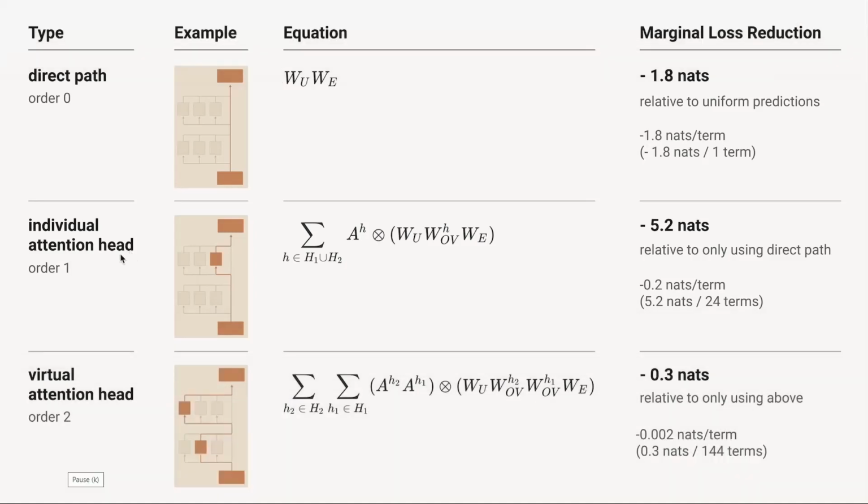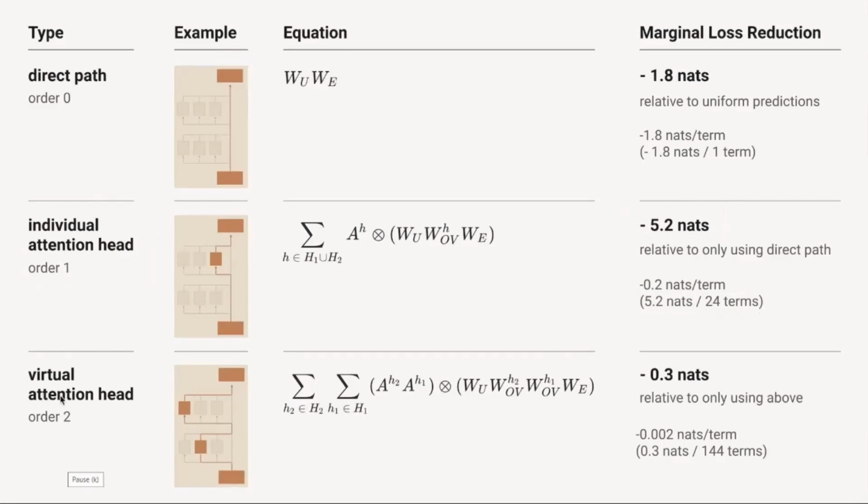Attention heads, if we add those in on top of the direct path term, so we have the individual attention heads, they give us a reduction of 5.2 nats. Since there are 24 of them, it's quite a bit less than the direct path term per head, only 0.2 nats, but they're still doing a lot of work.